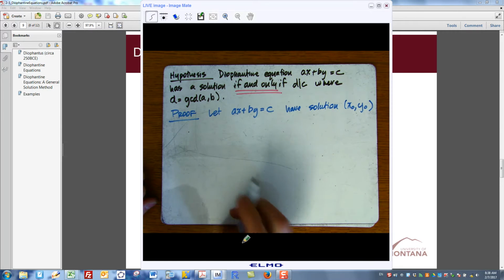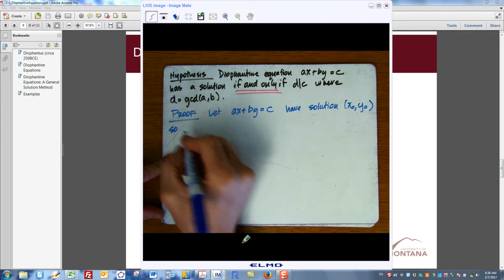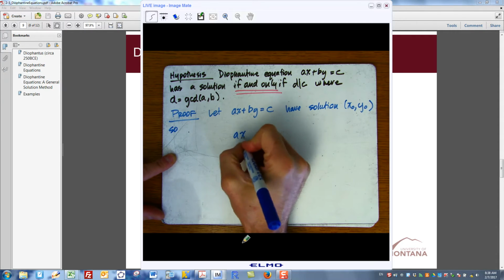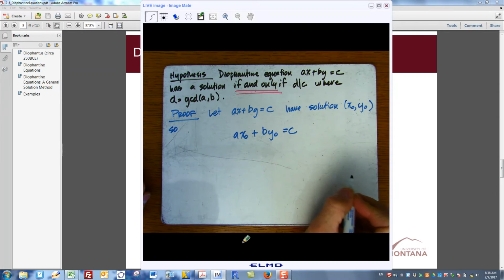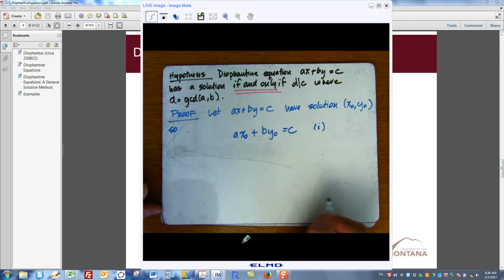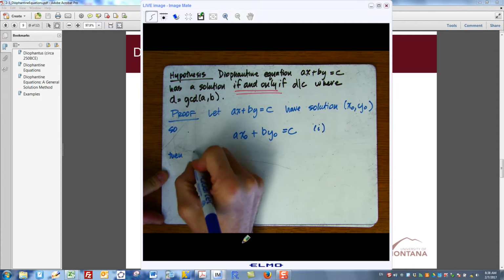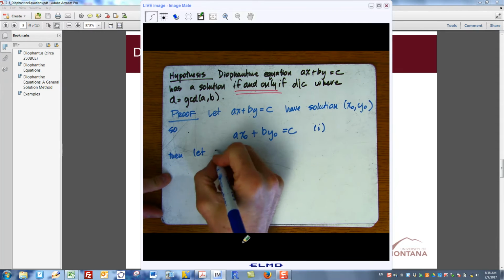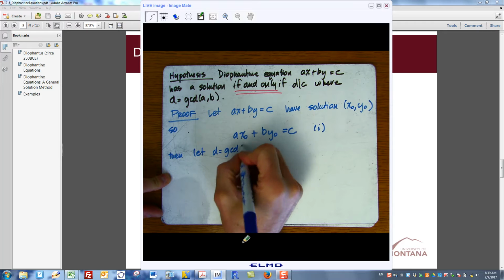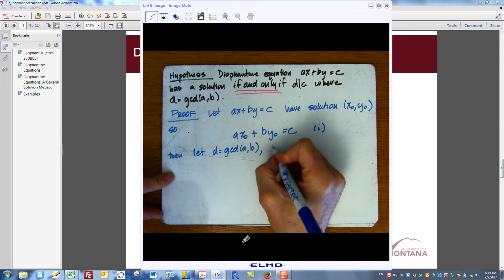So what does that mean? That means that a x naught plus b y naught has to be equal to c. We'll call that equation 1. Okay, so then we'll let d be equal to the GCD of a and b, right? Then what can we say?